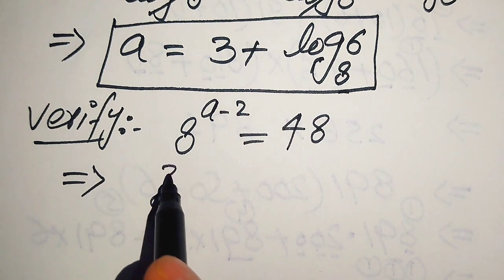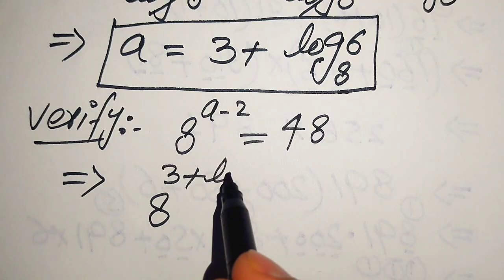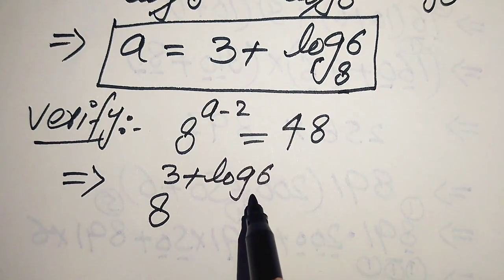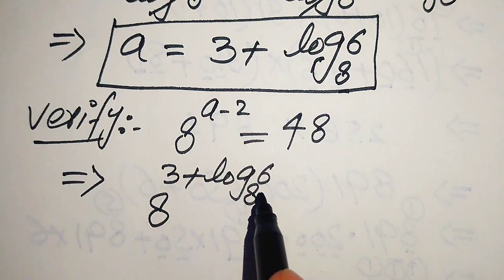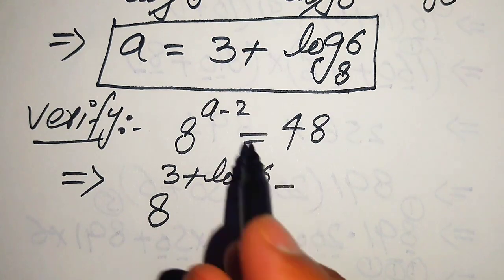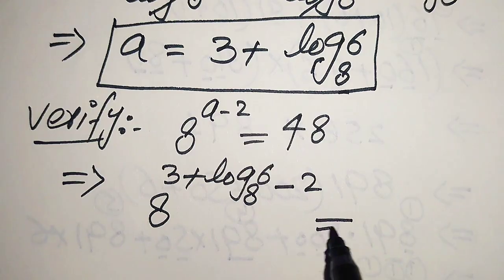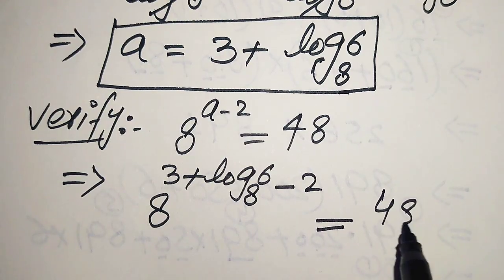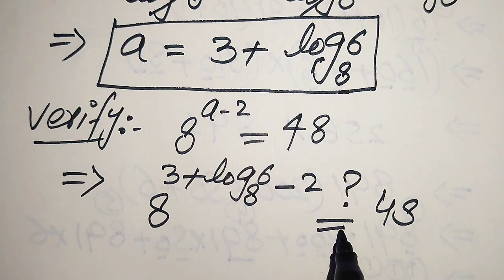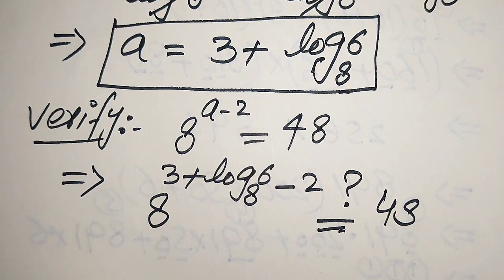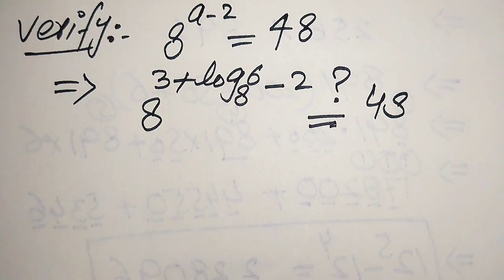The value of a is 3 plus log of 6 of base 8, and this is minus 2 equals 48. Here we check whether our left hand side equals 48 or not, because this is our verification.